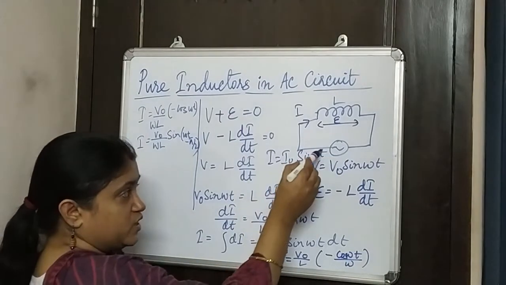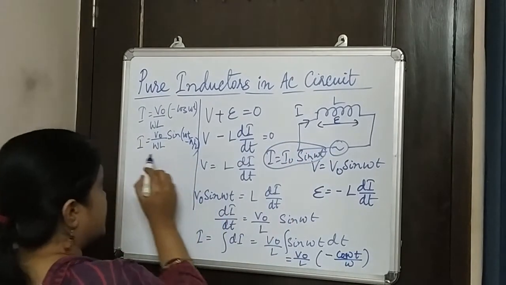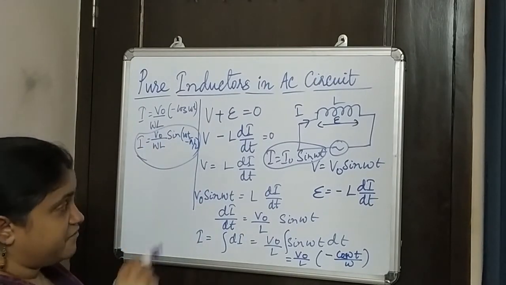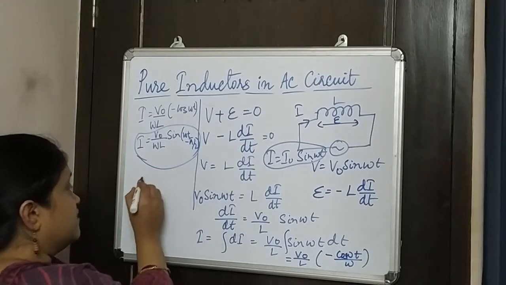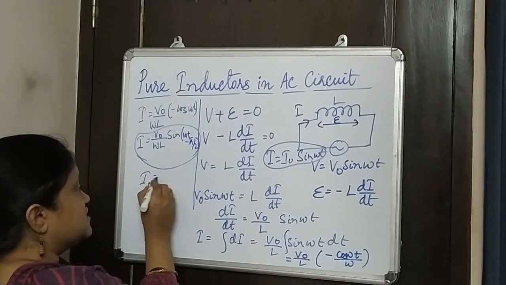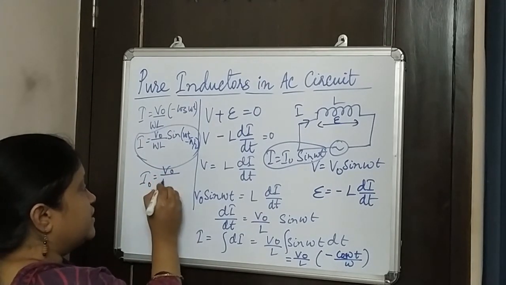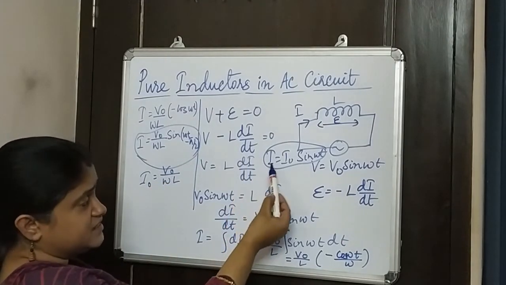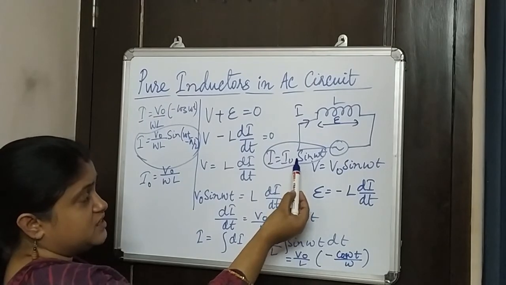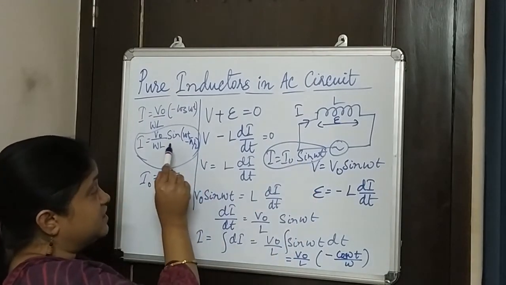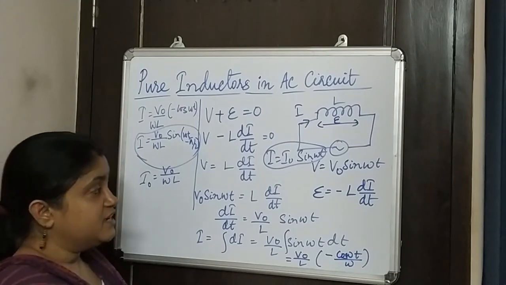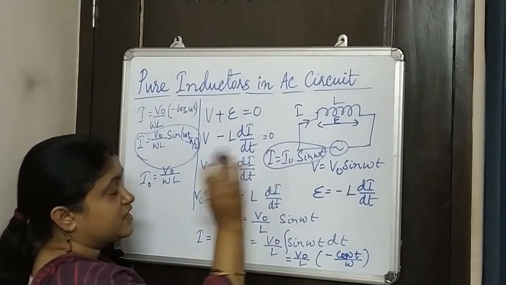Comparing these two, the peak value I naught is nothing but V naught by omega L. You see here the current is not sine omega t, but sine of omega t minus pi by 2.